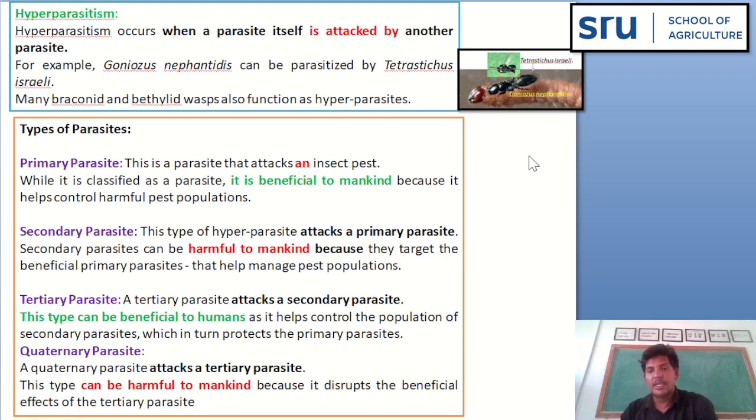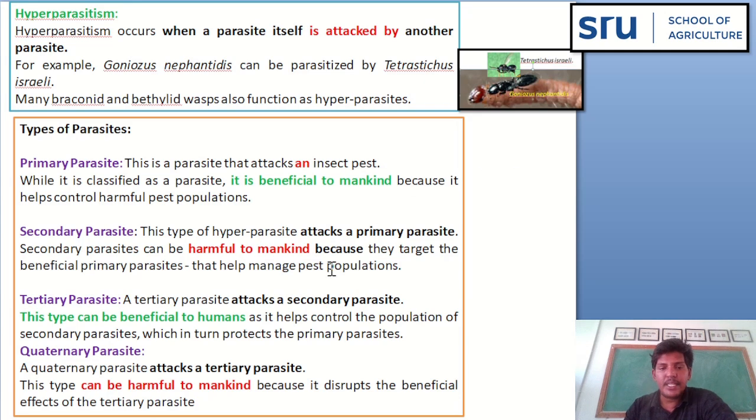Hyperparasitism occurs when a parasite itself is attacked by another parasite. For example, Goniozus nephantidis can be parasitized by Tetrastichus israeli. Many braconid and bethylid wasps function as hyperparasites.